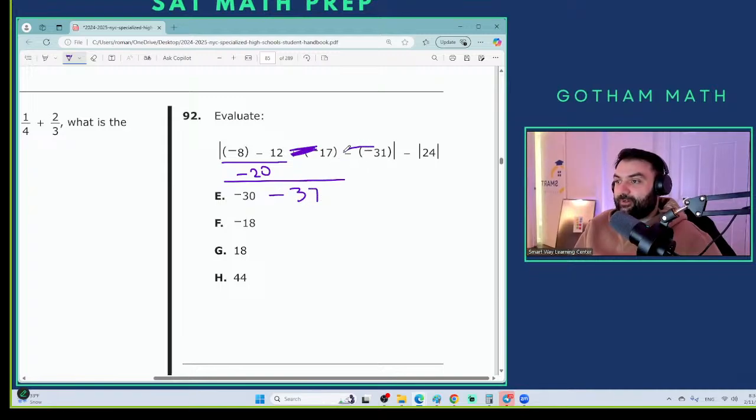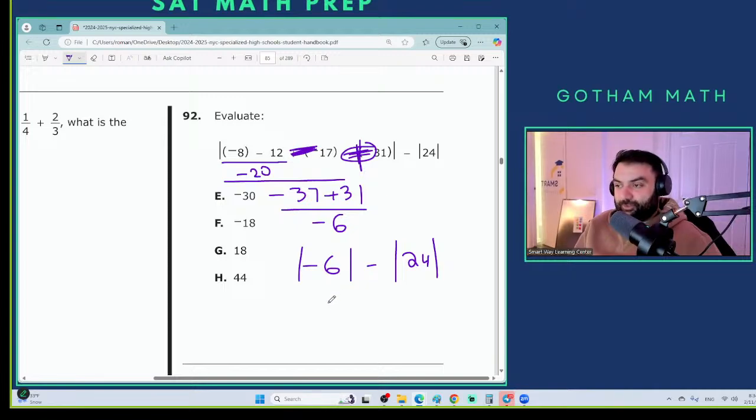Negative 37, because minus minus means plus, plus 31 is negative 6. And now the absolute value of negative 6 is 6. Minus 24 is negative 18. Let's go. Nice.